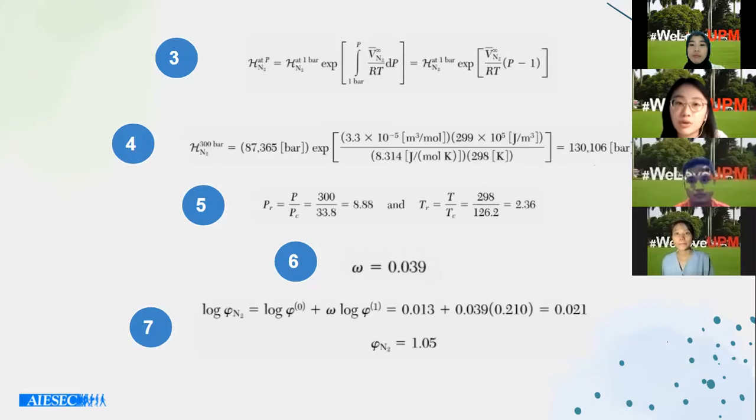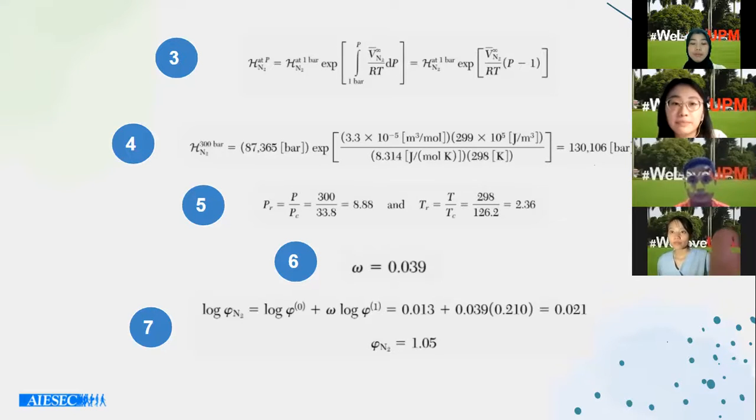The reduced pressure and temperature are given by equation 5. As you know, the reduced pressure equals P divided by Pc, which is the critical pressure. Then we substitute the values from the appendix, and we get Pr equals 8.88 and the reduced temperature equals 2.36.